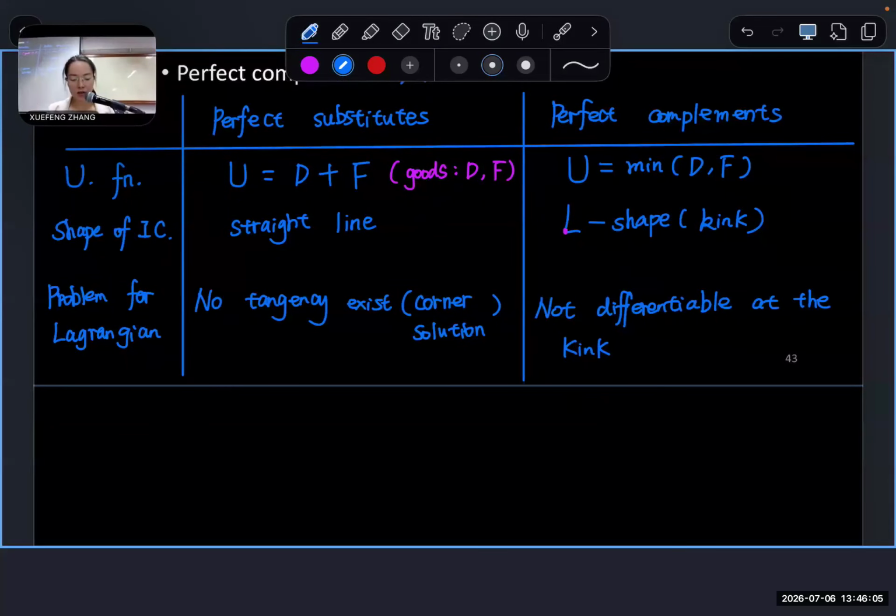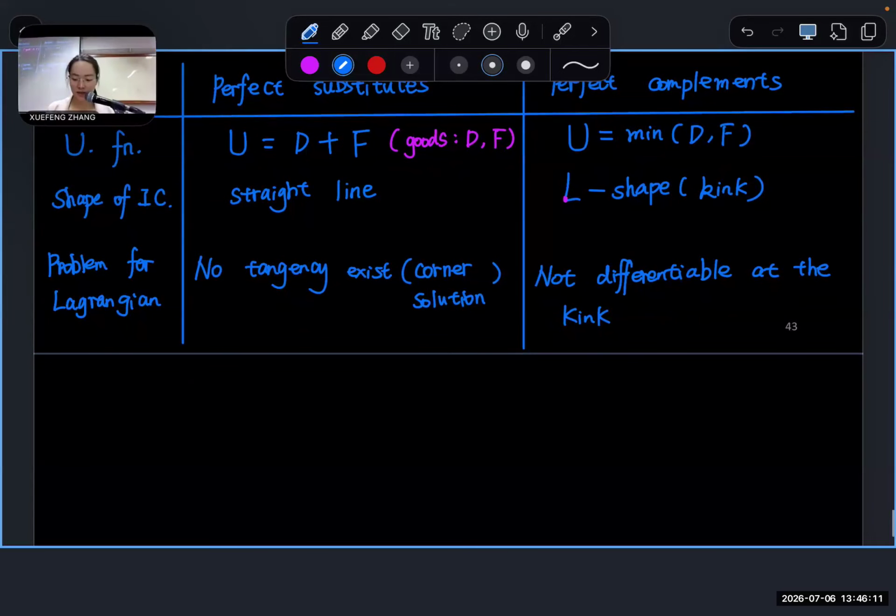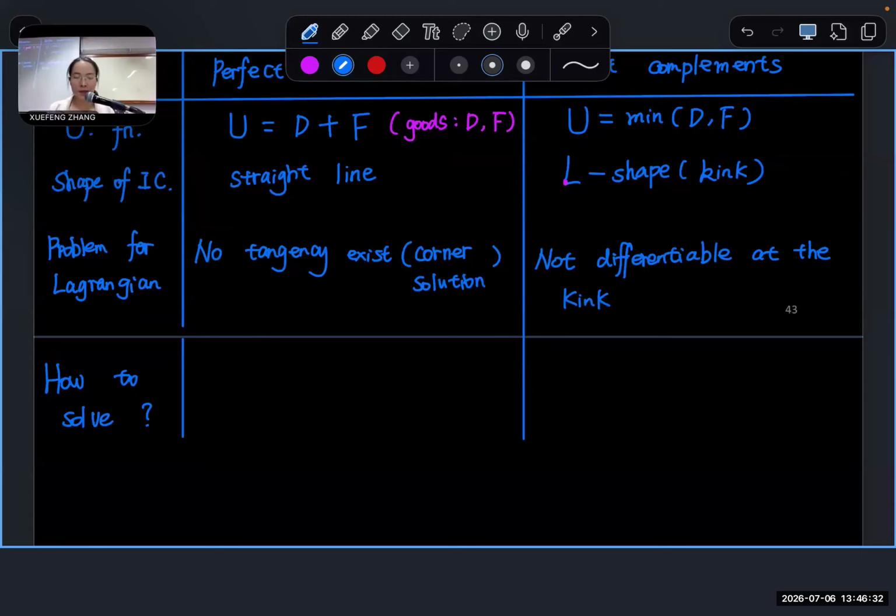Okay, if we cannot solve those two by Lagrangian, how do we solve them instead? For perfect substitutes, because they are substitutes, we compare prices, and then you buy 100% of the cheaper good.